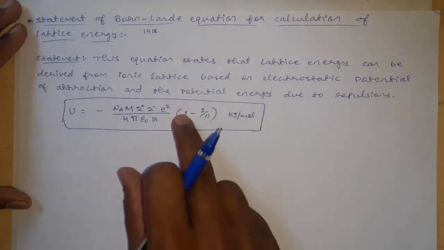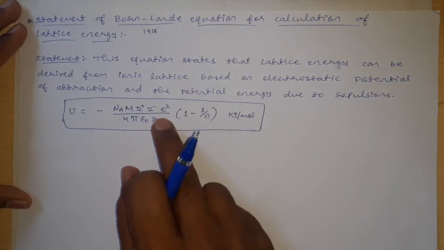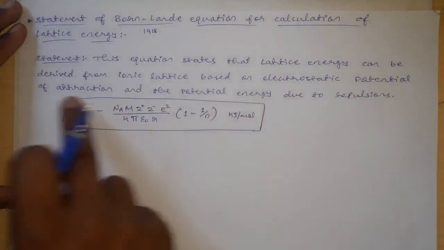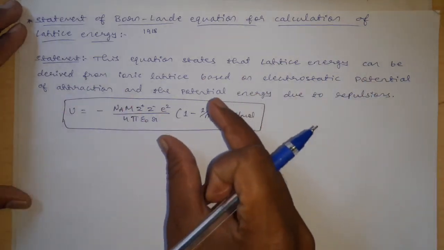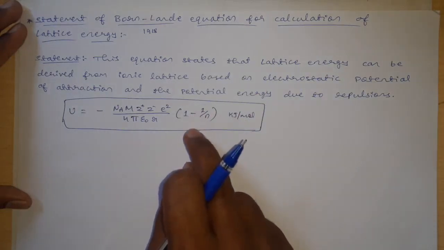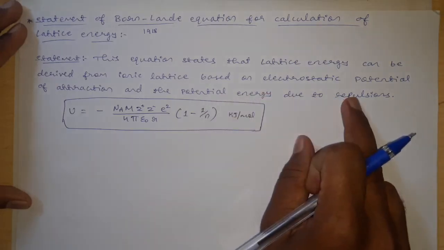According to the statement, when we open this bracket, the quantity which we get with a negative sign is given by the electrostatic force of attraction between the combining atoms, and the term which we get with a positive sign is due to the potential energy due to repulsion of the combining atoms.